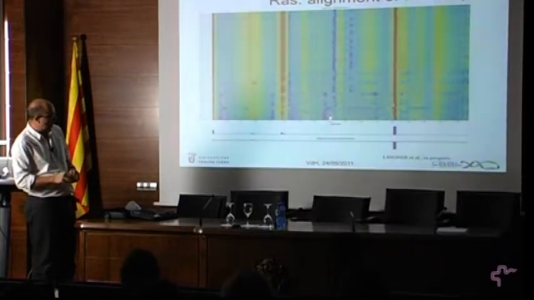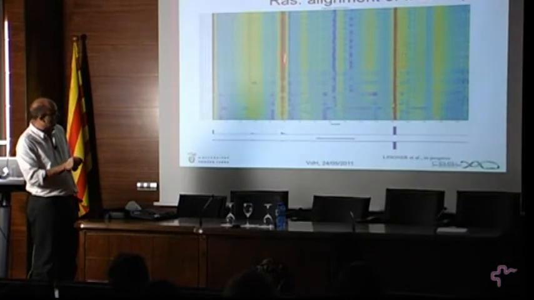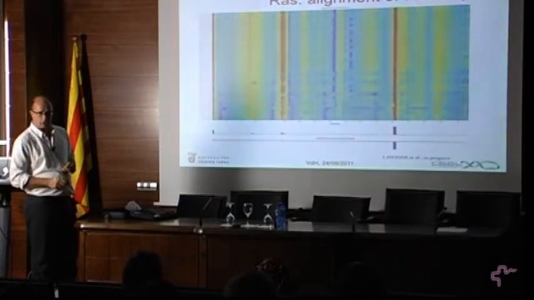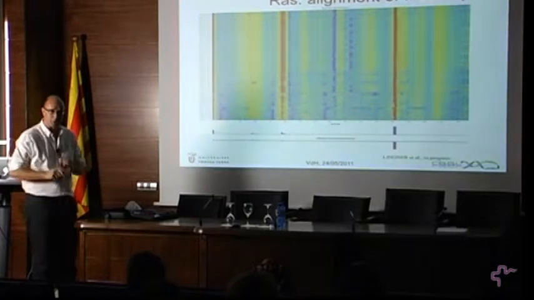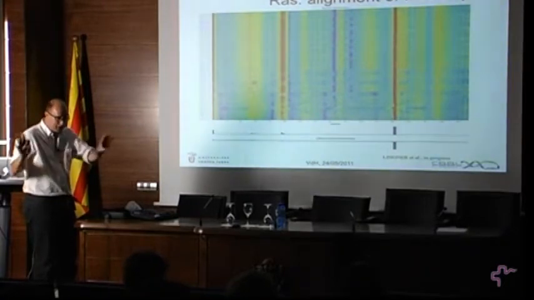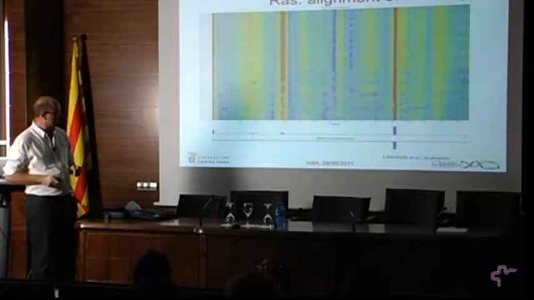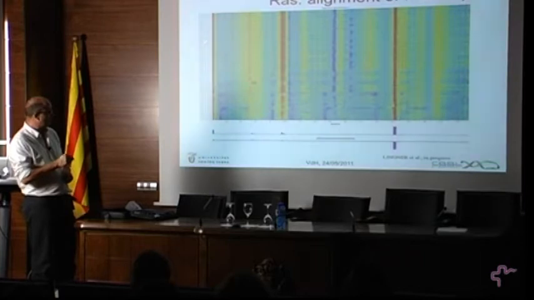Some have blue colors here, which means they are not moving in this region. The regions that are moving are moving more in these types and less here. I know there are statisticians in the audience, so if you don't prove it with statistics, it's not there. But even visually you have some differences. And actually these are the inactive and these are the active ones.